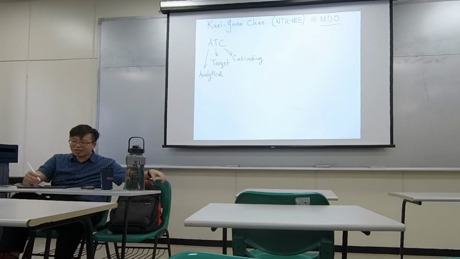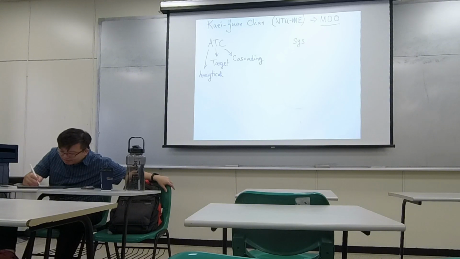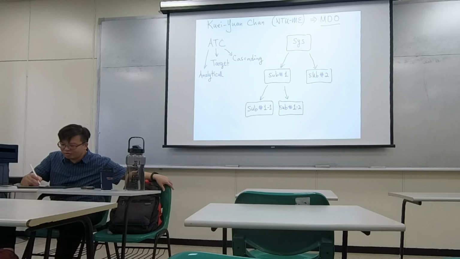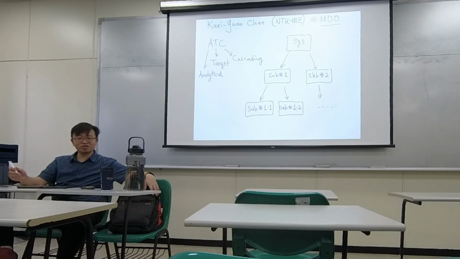Okay, so it's like this, a big system level, and they have, for example, sub 1 right here, and they have, for example, sub 2, and they try to have lower levels. So you can call this sub 1-1, and this could be sub 1-2. So it forms some kind of hierarchical structure.